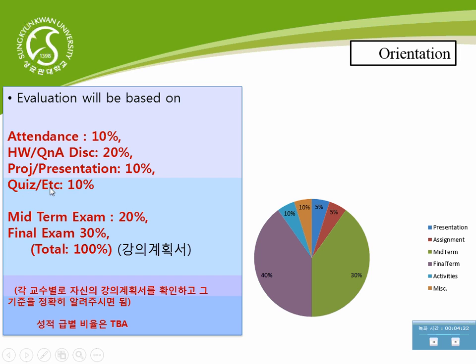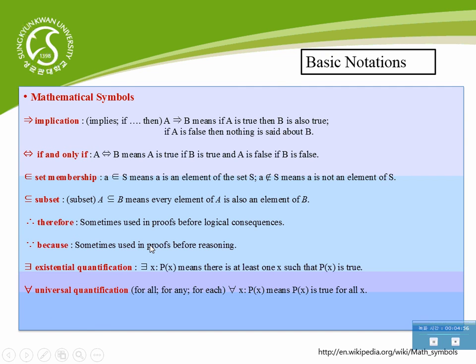Your quiz and other contributions will be counted as 10%. The midterm examination will be counted as 20%, and the final comprehensive examination from the first chapter to the end will be counted as 30%. This is exactly the same as in the syllabus that you find.